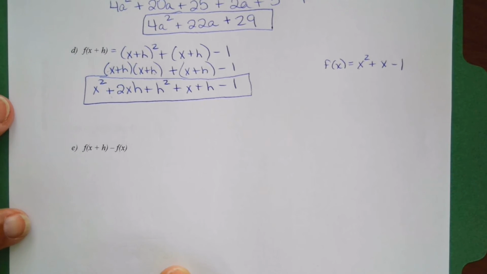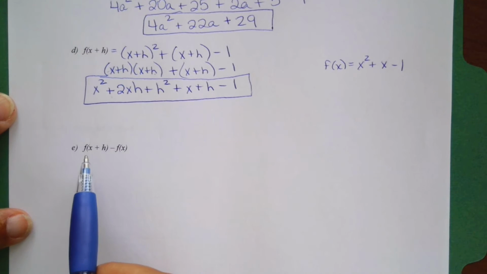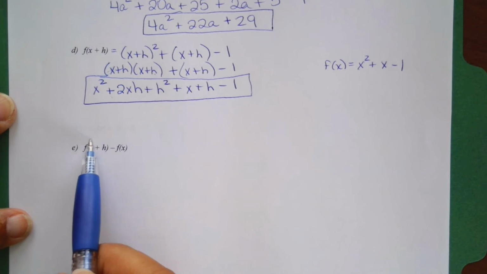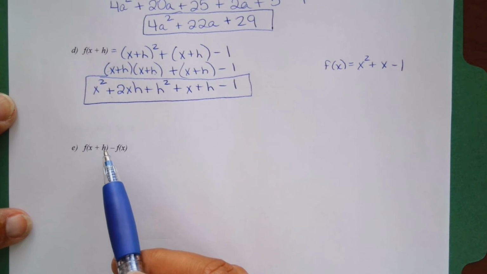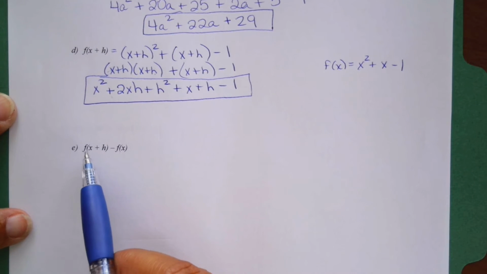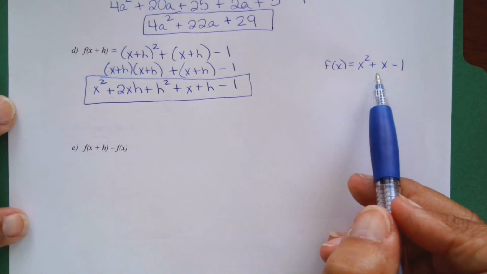All right. Now, if I look at part E, I'm going to do f of x plus h minus f of x. Okay? So there's two functions, two things I've got to replace here. So first thing I'm going to do is f of x plus h, which I actually just did. Okay? But let's go over that. So this piece right here means take x plus h and put it in here.